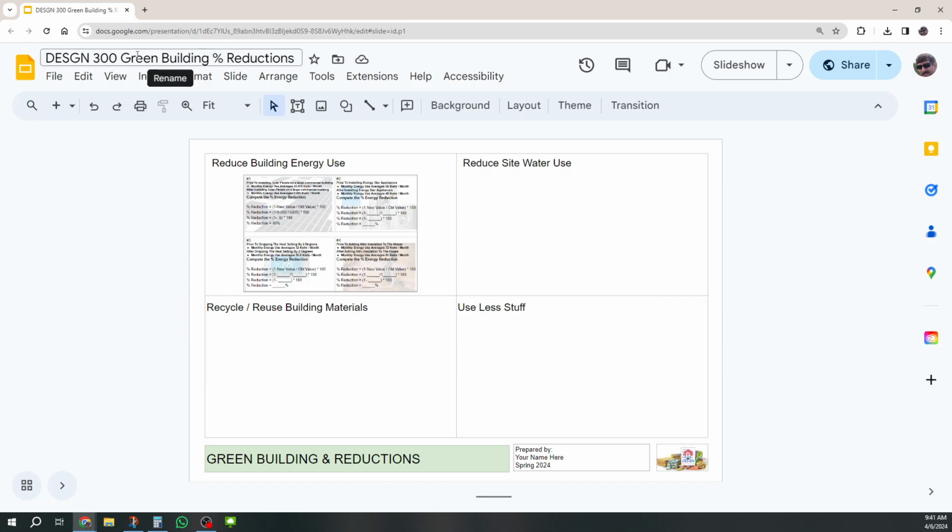That is your green building percent reductions. You essentially have 16 little problems to do. And because we're following industry standards where you have to show your computations for the checker, for the professional engineer, and for the planner, we're going to practice doing that by typing in this stuff as you go. Okay?